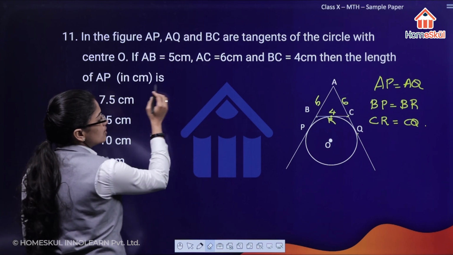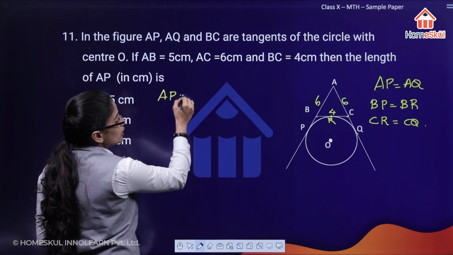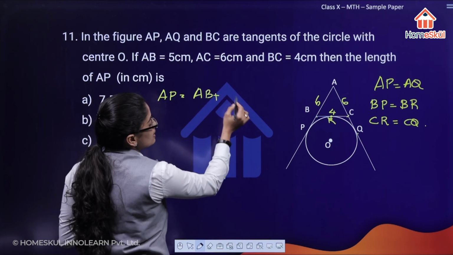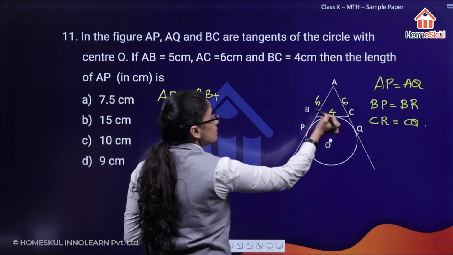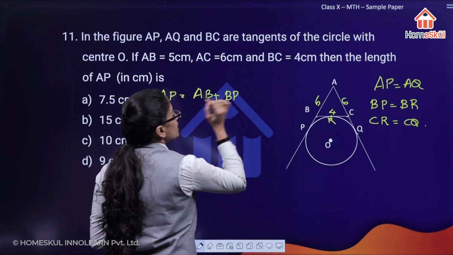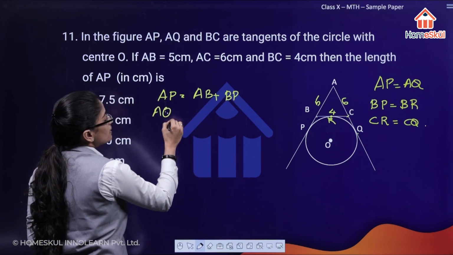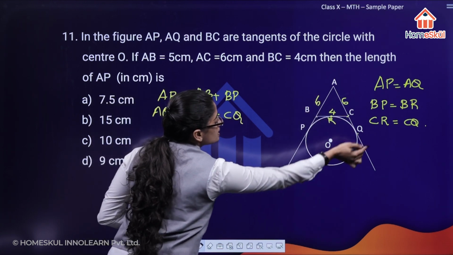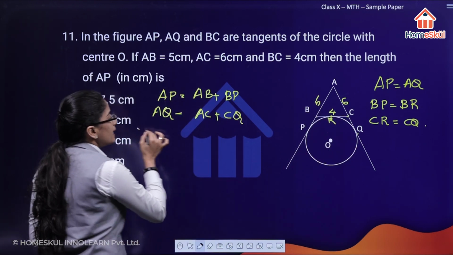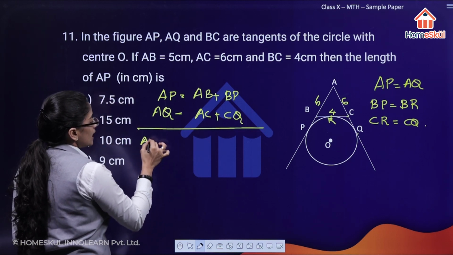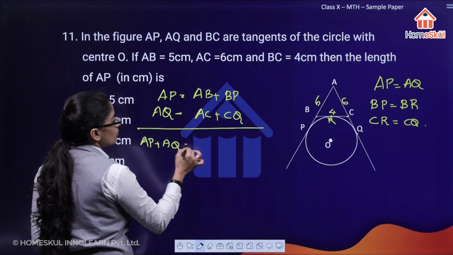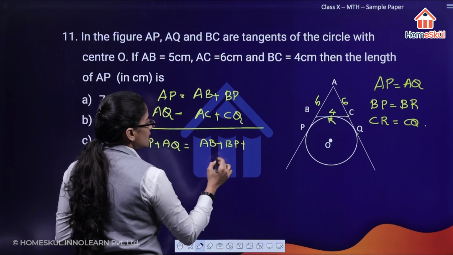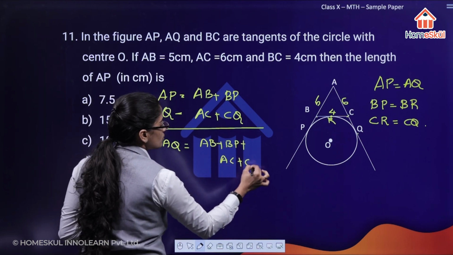Okay. So, AP could be written as AB plus BP, isn't it? Similarly, what about AQ? AQ could be written as AC plus CQ, isn't it? On adding it, what will we get? AP plus AQ is equal to AB plus BP plus AC plus CQ, isn't it?